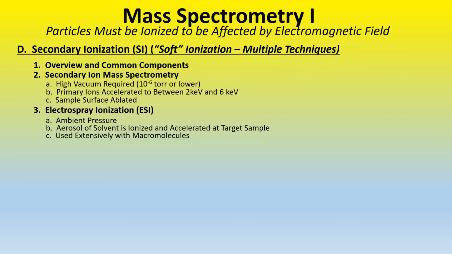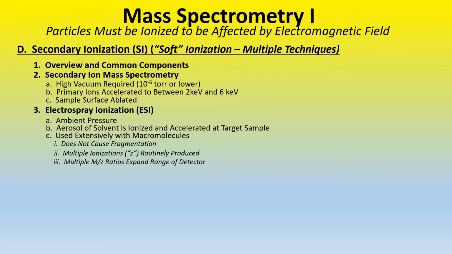This is used extensively with macromolecules because the solvent essentially transfers charge and carries away sample towards the detector. So it does not cause fragmentation. However, as the sizes of the aerosol particles are different, multiple ionizations are routinely produced. This is not necessarily a bad thing, since the detector looks for M to Z ratios, so different amounts of Z actually expand the range of mass that the detector can find.